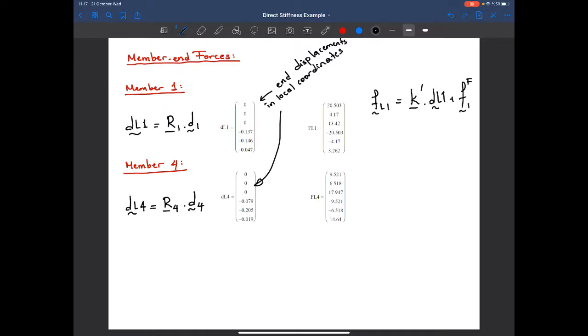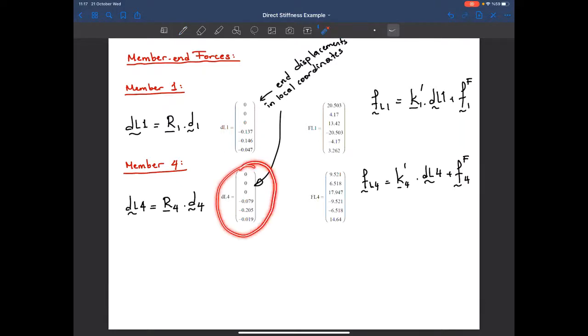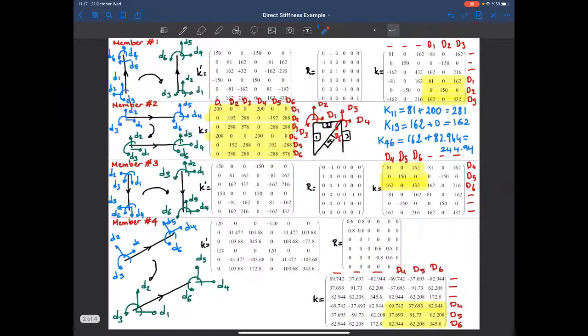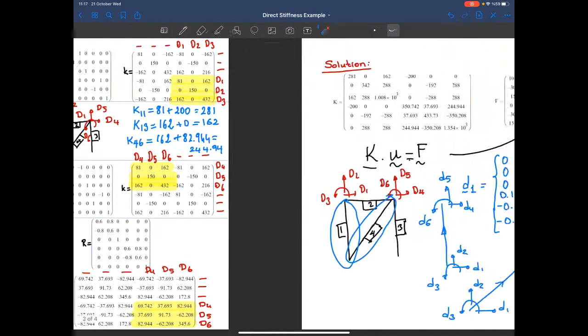Okay, and for this one, FL4 is equal to K4 prime multiplied by DL4, plus if you have any member loading on it, you just have to add it. So in other words, what I'm doing here, I'm multiplying this one with the stiffness matrix in the local coordinate system.